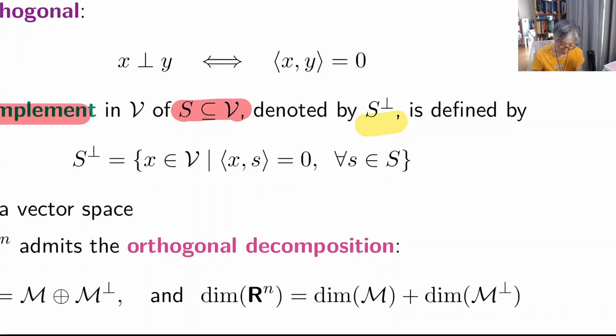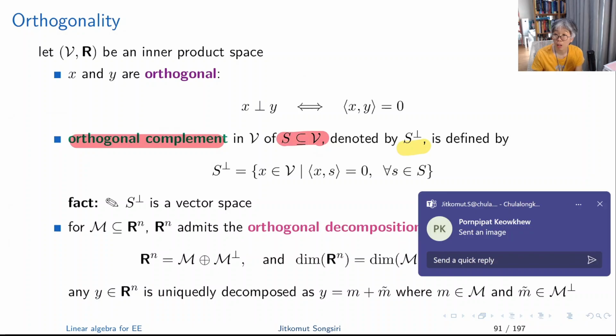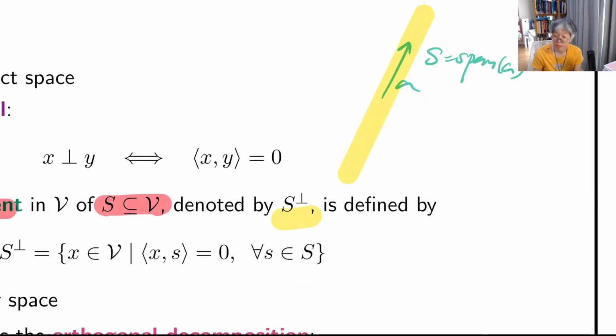Okay. For example, say my S is the span of any vector A. All right. So how does my S look like? My S is going to be a line in the space of Rn.